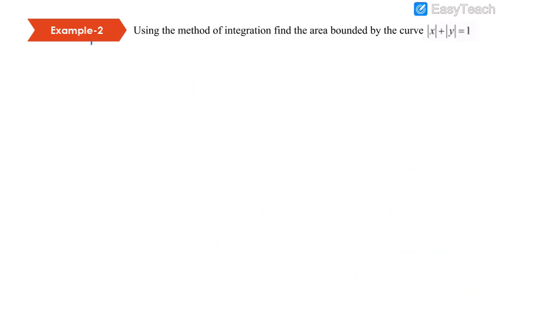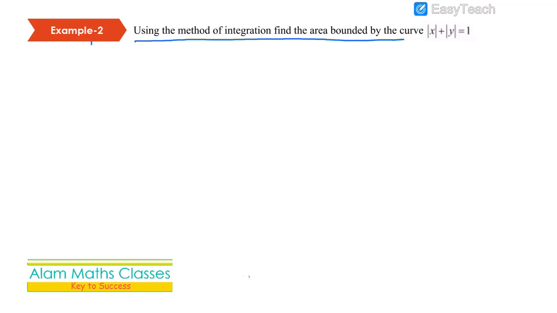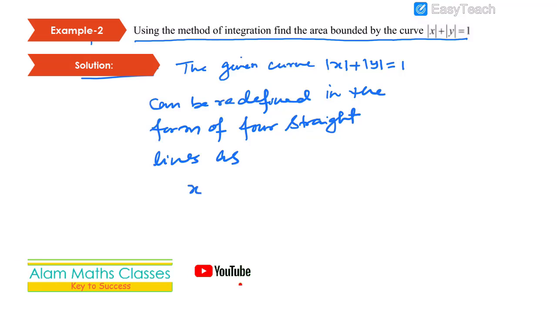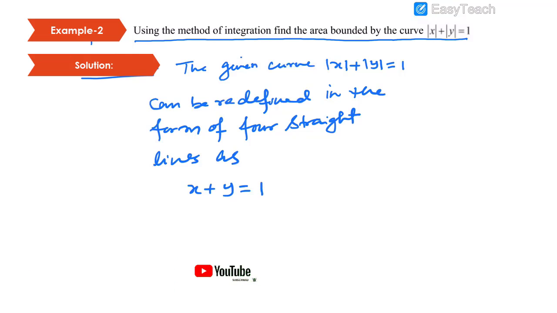In the second example, using the method of integration, find the area bounded by the curve mod x plus mod y is equal to 1. The given curve can be redefined in the form of four straight lines as x plus y is equal to 1, minus x plus y is equal to 1, minus x minus y is equal to 1 and x minus y is equal to 1.